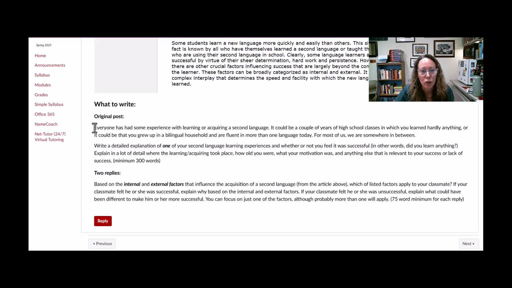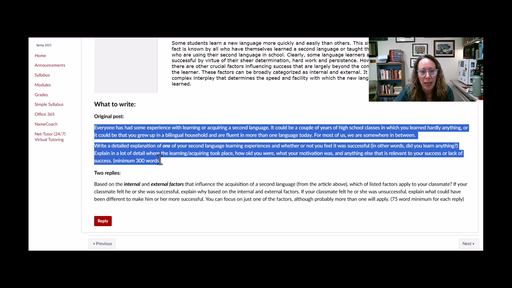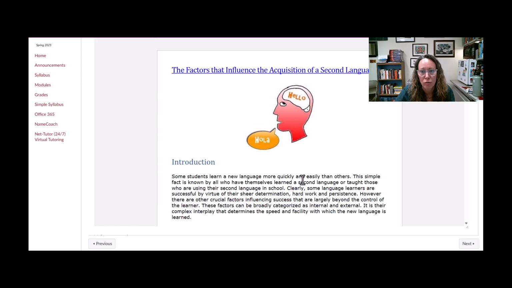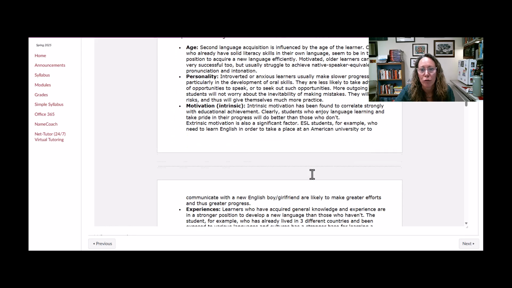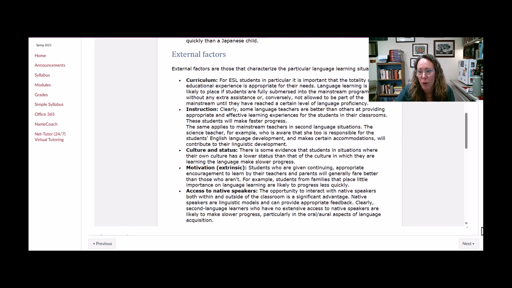And then you're going to explain your experience. Okay, so that's what the original post is all about. Just give us all the details, all the specifics on that. And then for the replies, you're going to be talking about the different factors, okay, the different internal and external factors. And those are going to come from this document right here.